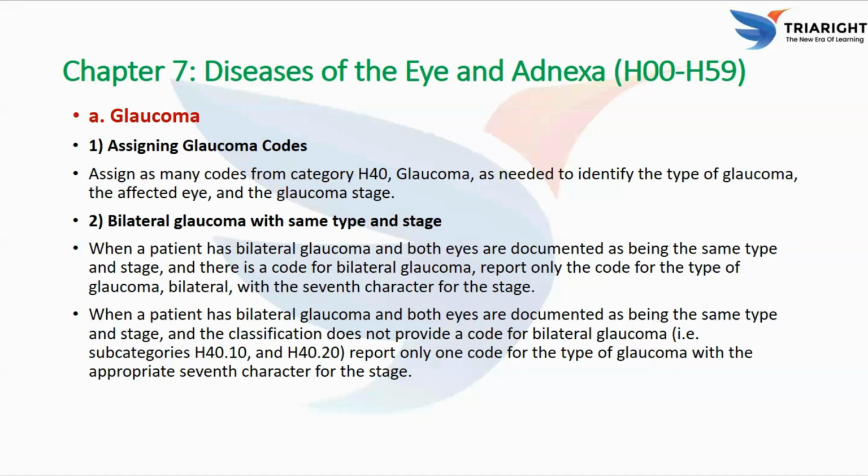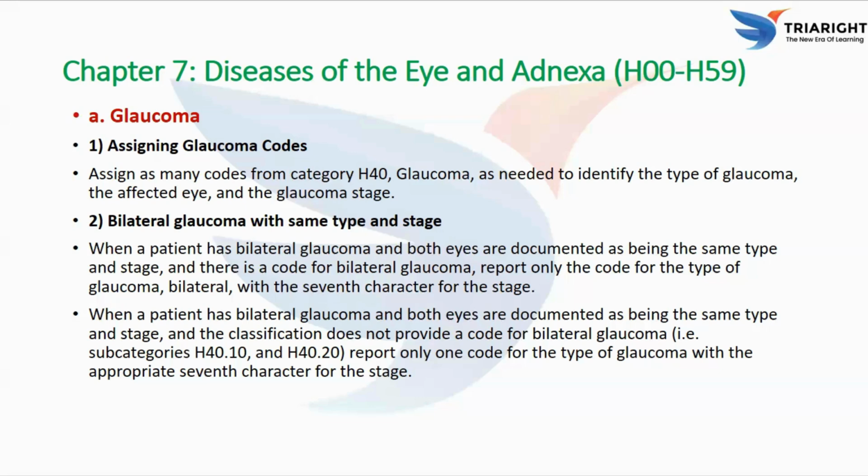You have to assign H40.1132. This is for primary open angle glaucoma, bilateral and moderate stage. So only one code is required. You should not give two codes. Only one code for bilateral is enough.